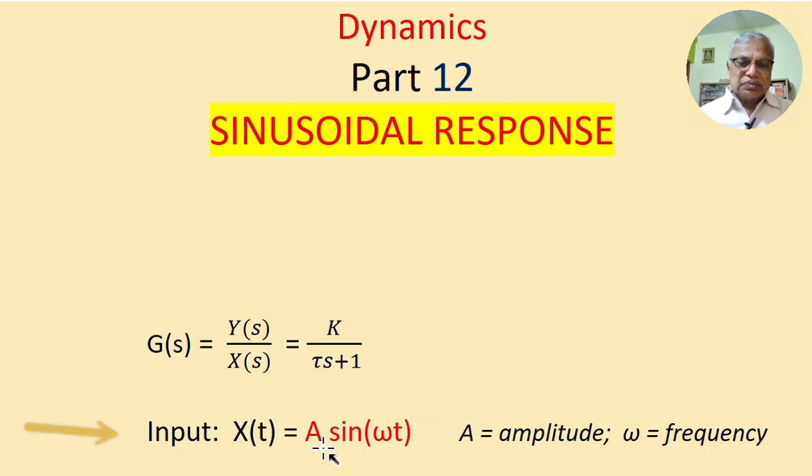How do you write a sinusoidal input? A sin omega t, where A is amplitude and omega is frequency.